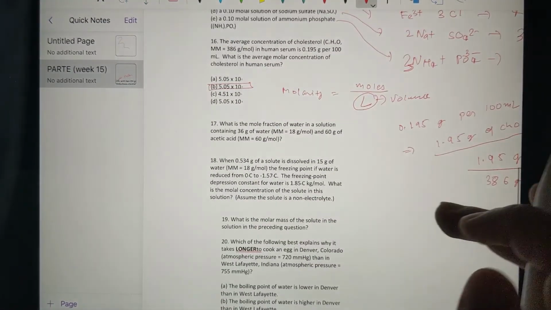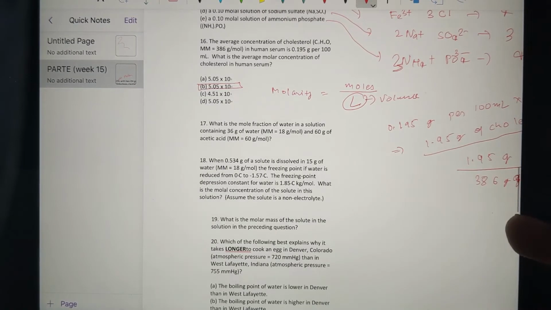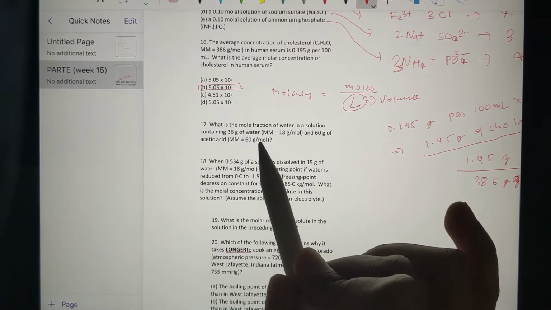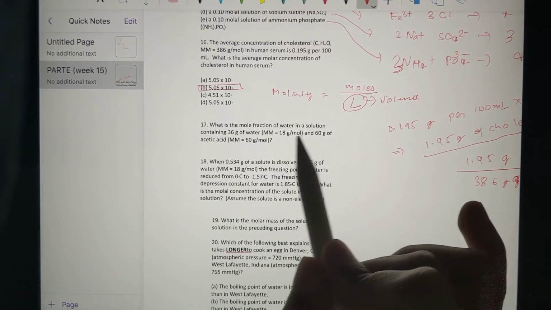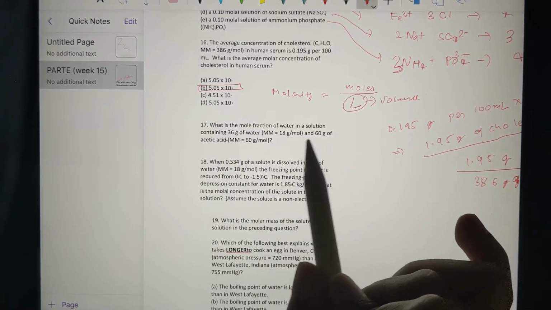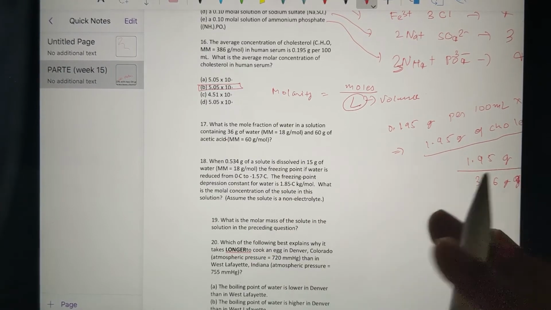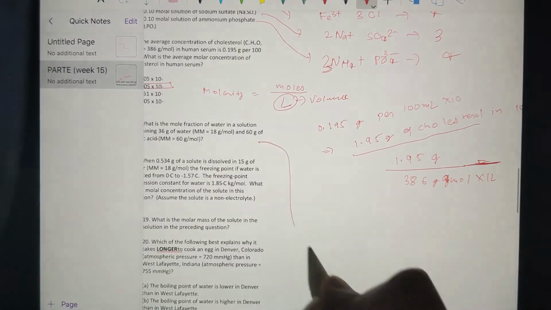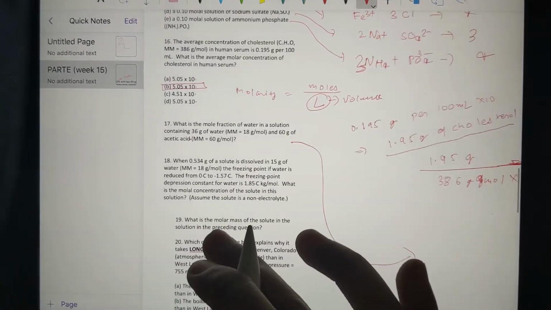Okay, so the next question is about mole fraction. What is the mole fraction of water in a solution containing 36 gram of water and 60 gram of acetic acid? Okay, so you're going to do it in the same way.